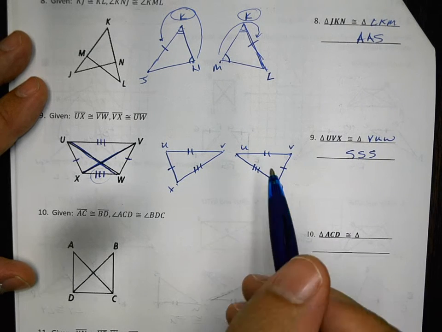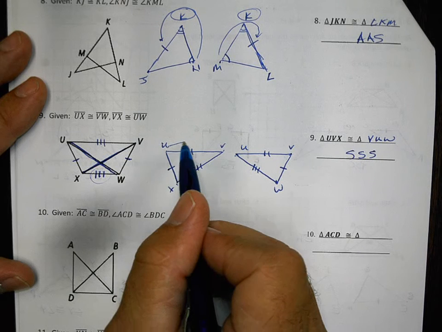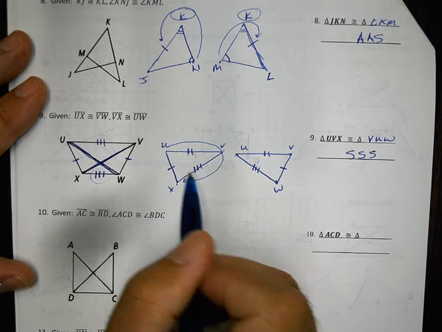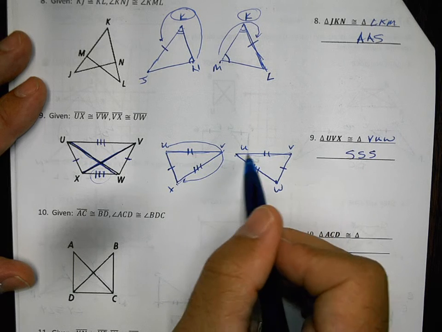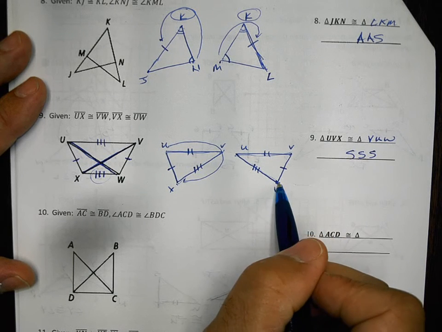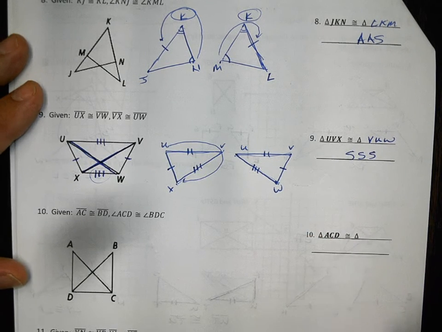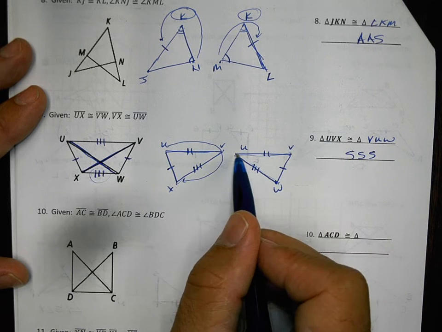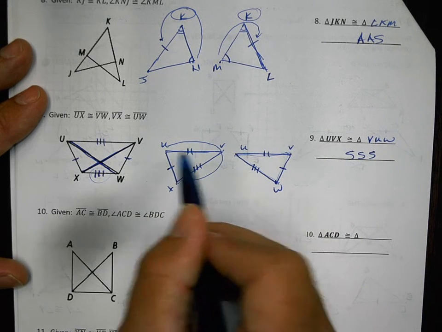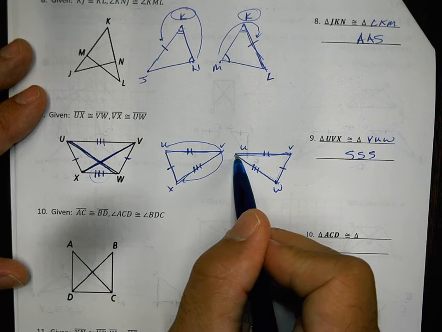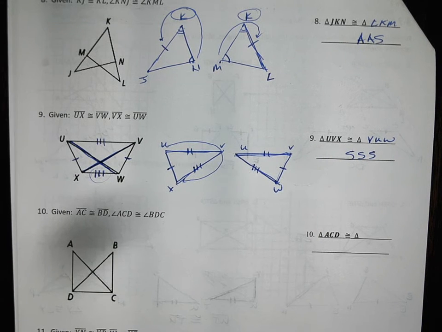We went UVX, and I like to think of 2 lines, 3 lines, so I got to go 2 lines, 3 lines, VUW. If you went UVW, you'd go, oh, 2 lines, only 1 line, so it doesn't match up. 2 lines, 3 lines, 2 lines, 3 lines. Hopefully you're picking up on that logic. If not, please speak up.